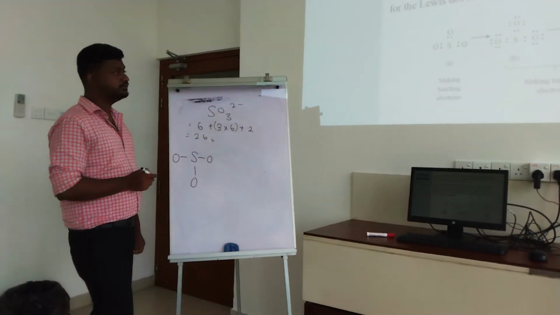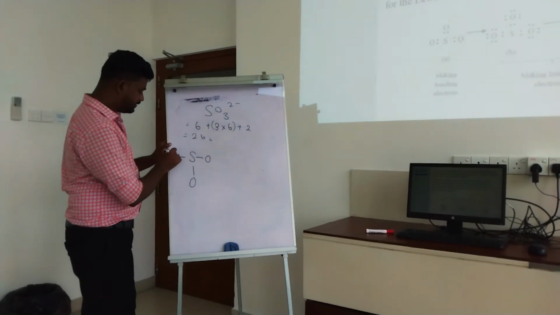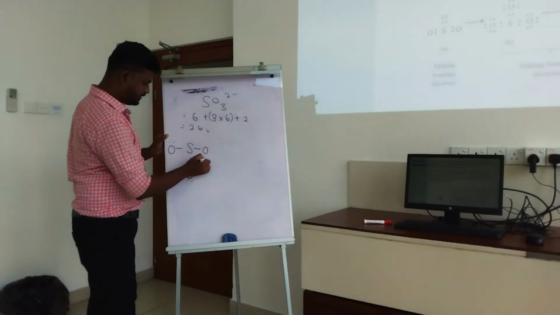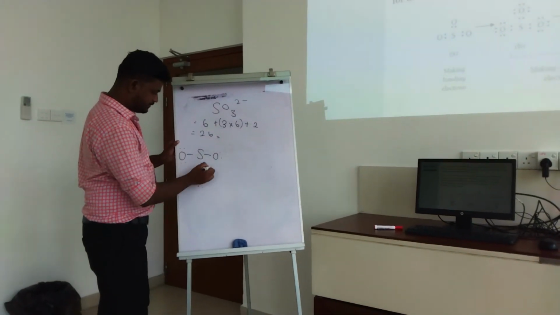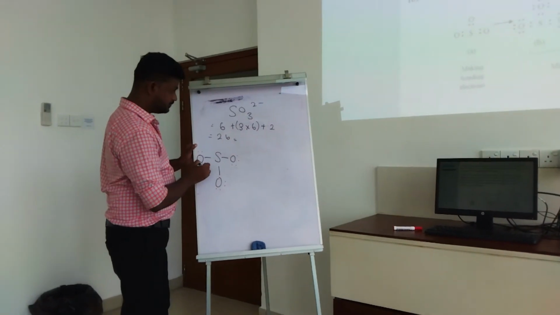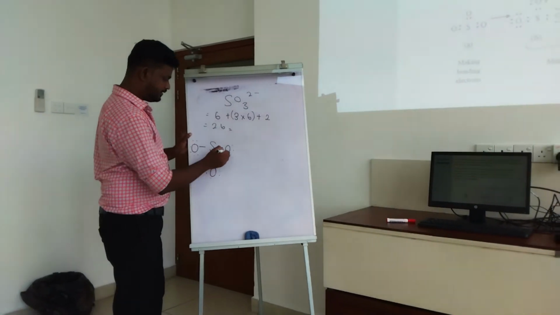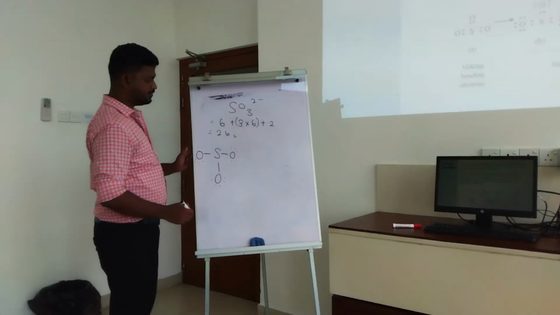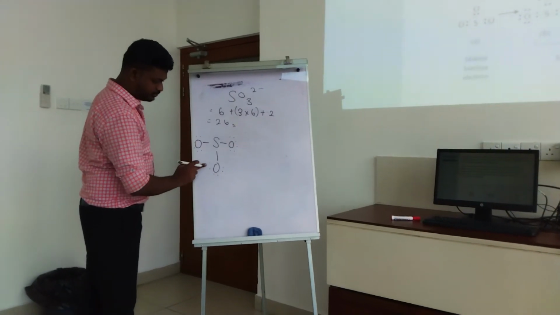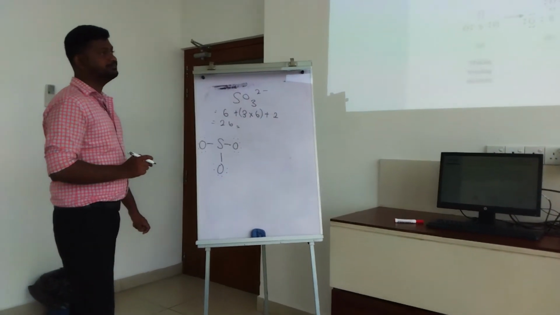20 electrons means 2, 4, 6, 8, 10, 12, 14, 16, 18. Now see how many electrons: 2, 4, 6, 8. Sorry, there are 8 electrons on the oxygen.